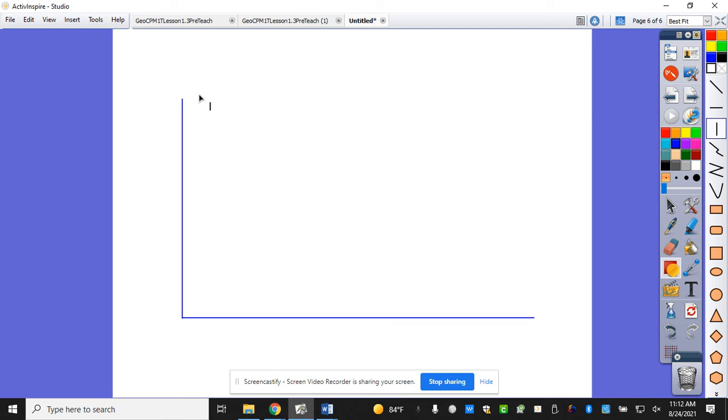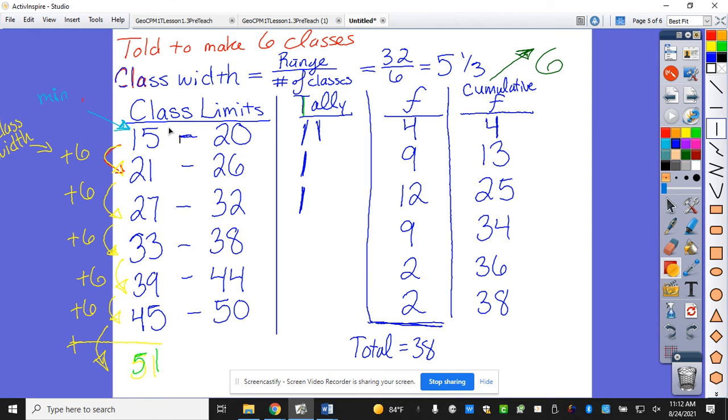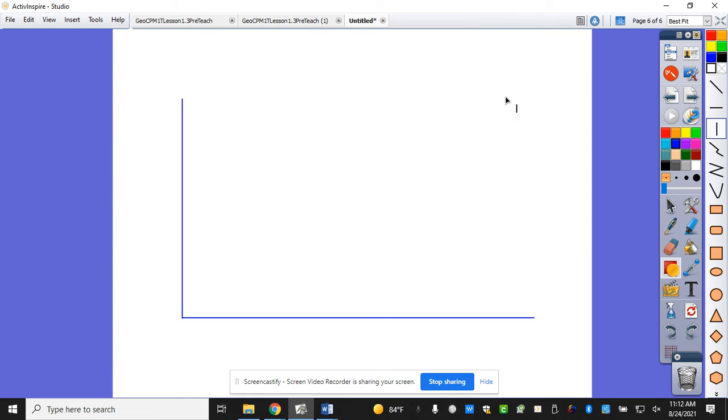When we made a basic bar graph, do you remember something I told you that I am picky about with the way you draw the bars? Not touching, because they are separate things. Now here, 15 to 20, is that completely separate from 21 to 26, or is that like a continuation? So the bars always touch in a histogram.